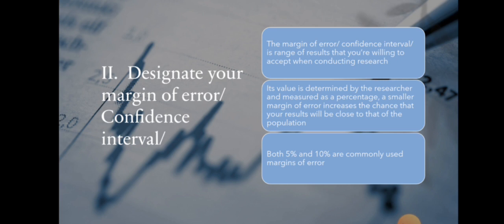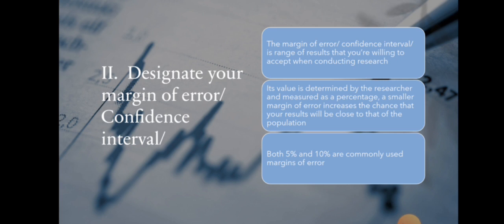The other one is the margin of error or confidence interval. This is a very important one. The margin of error, or confidence interval, is a range of results that we are willing to accept when conducting research.